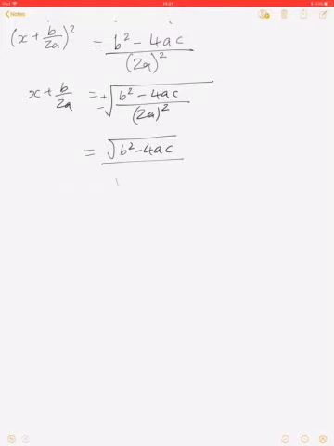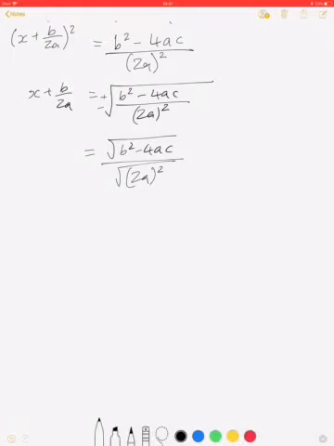Now, the square root of 2a squared, the square root of anything squared, is just the thing itself. So the square root of something squared is just the thing itself, so I can get rid of all of that. So x plus b over 2a equals plus or minus the square root of b squared minus 4ac all over 2a.